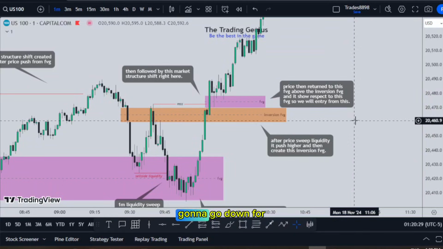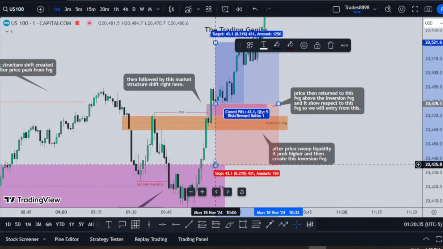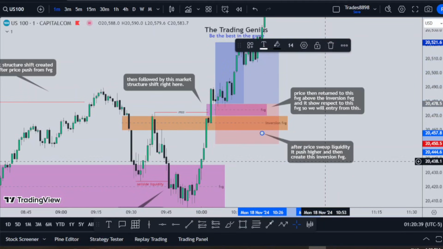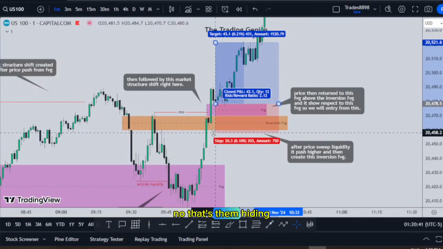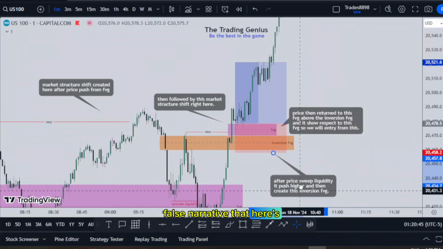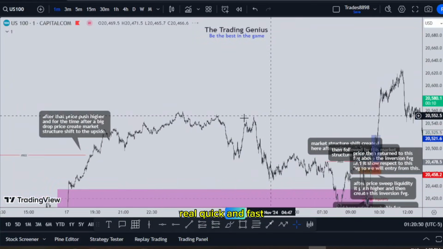It looks like it's going to go down for the day. Oh, look, it went up. It broke resistance here. So it should have gone higher. No. That's them hiding the narrative, and they're providing a false narrative that here's resistance broken but failed, and they drop it down. And usually it looks real quick and fast.